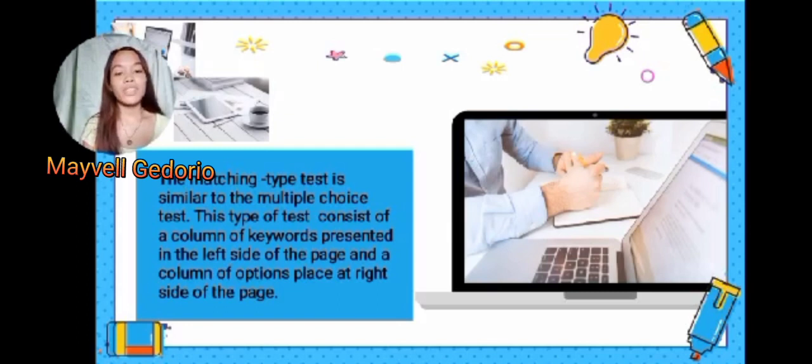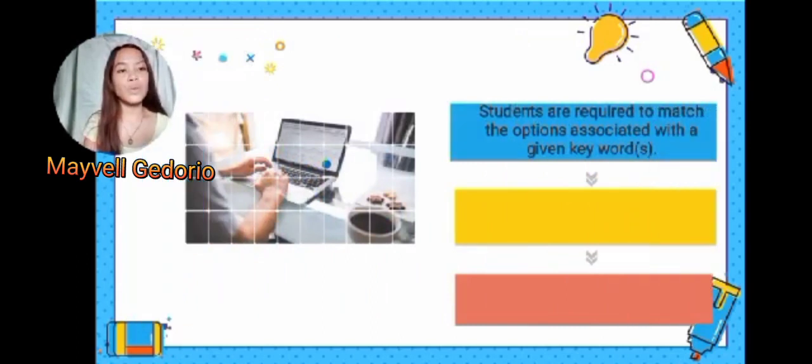So, the matching type of test may be considered as a modified multiple choice type item, where the choices progressively reduce as one successfully matches the items on the left with the items on the right. So, students are required to match the options associated with a given keyword or keywords.